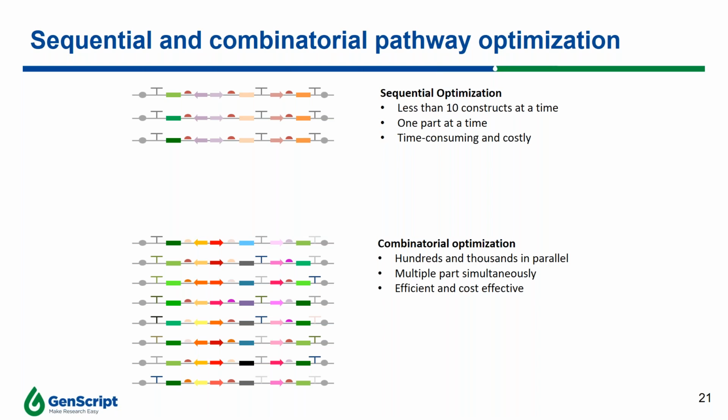For combinatorial optimization, we can test hundreds to thousands of constructs in parallel, and we are able to change multiple parts simultaneously. So as you can see, it allows us to create large libraries for testing. But to do this, the traditional gene synthesis and cloning are not sufficient, because we need to build a large library of variants for testing. So a more efficient and cost-effective assembly platform is required.